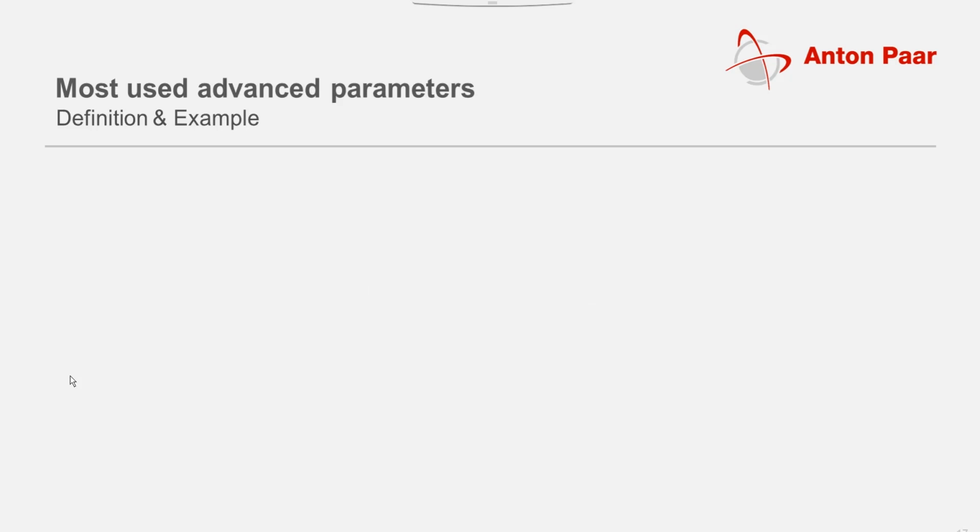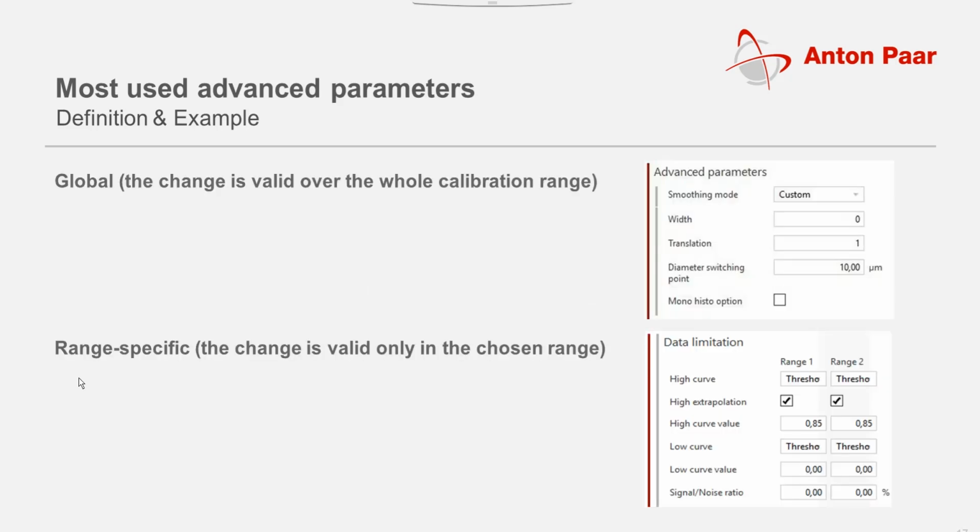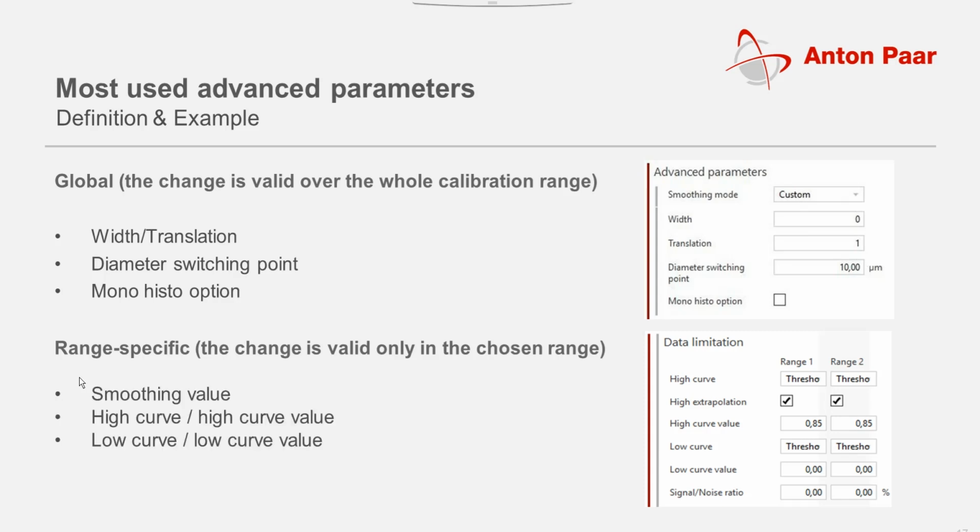We call global all parameters for which the change is valid over the full calibration range. And these are translation, width, diameter switching point, monohisto option. For the range-specific, the change is valid only in the chosen range. Smoothing value, high curve value, and low curve value belong to this group.